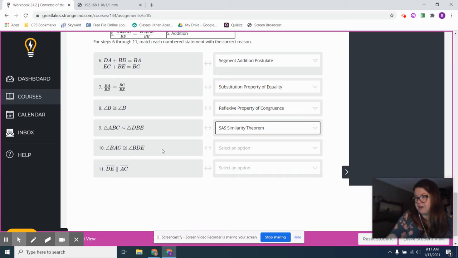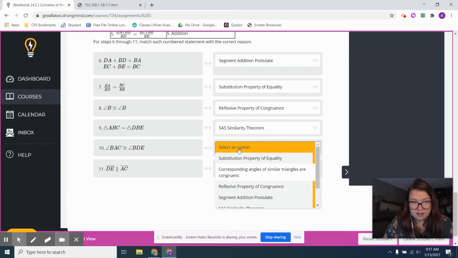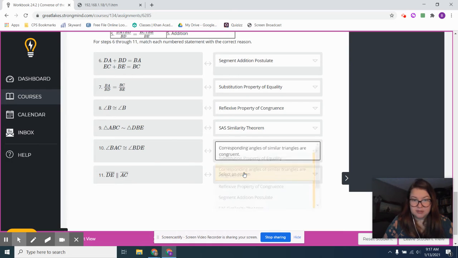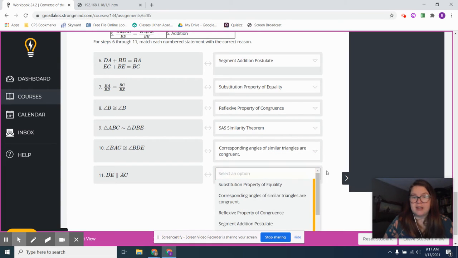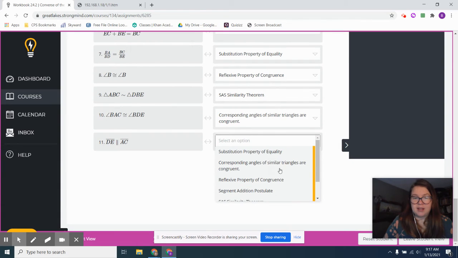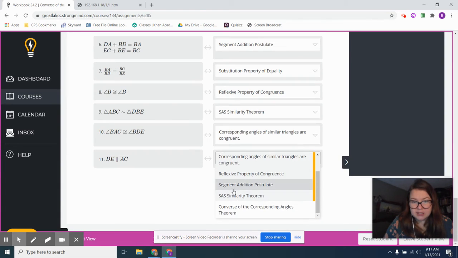And because they are similar, the angles are the same. So corresponding angles of similar triangles are congruent. And because the angles are congruent, that means they are parallel. So it is the converse of the corresponding angles theorem.